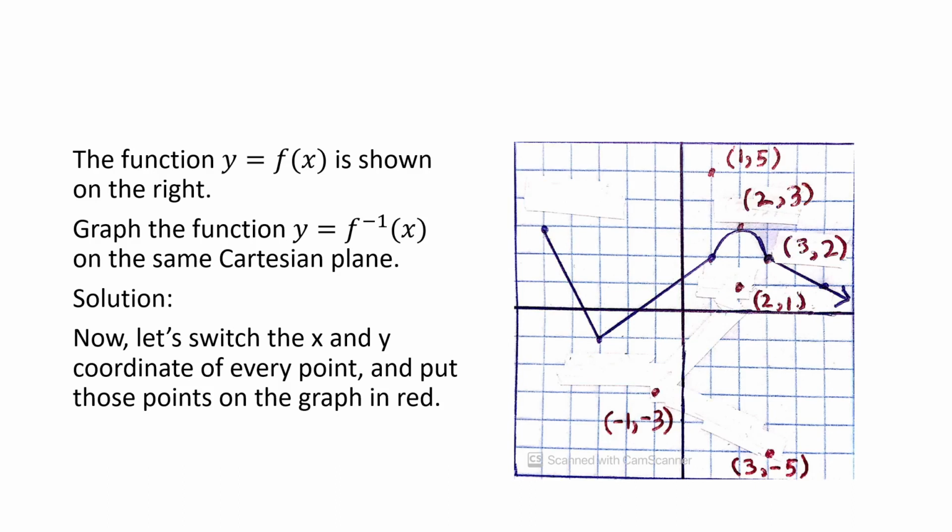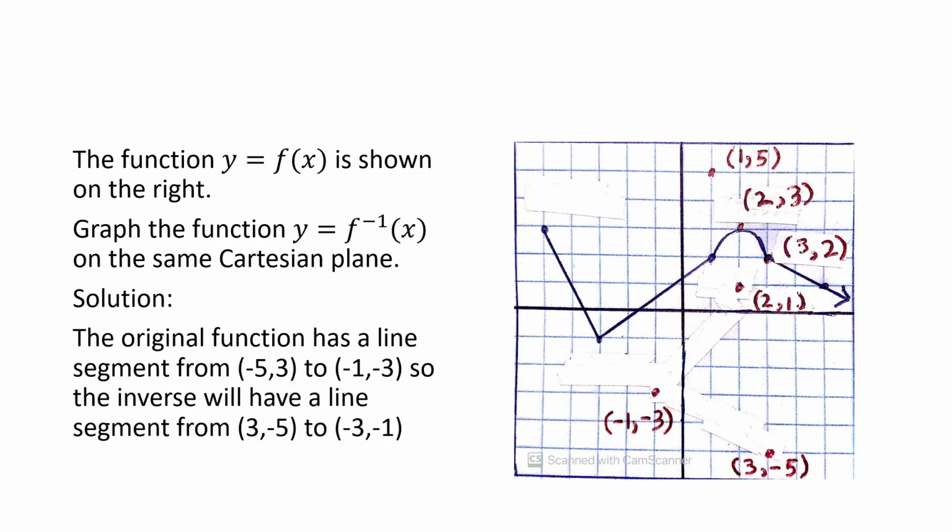Now, from here, we see that the original function has a line segment from (-5, 3) to (-3, -1). Actually, this should say (-3, -1). So the inverse will have a line segment from (3, -5) to (-1, -3).